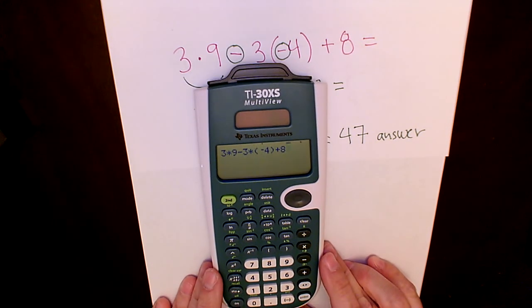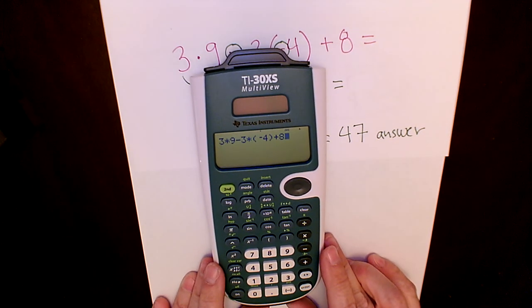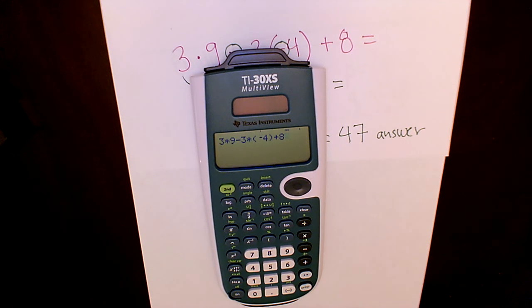So can everybody see that? Okay. I'm just writing it as is. 3 times 9 minus 3 times parenthesis -4, close the parenthesis up, plus 8, hit enter, and we got 47, which is what I got, so we're good.